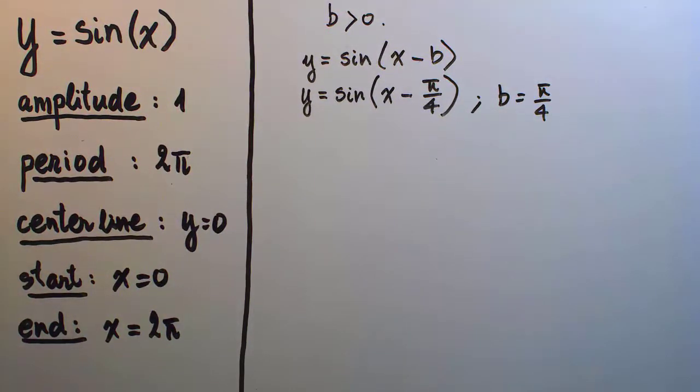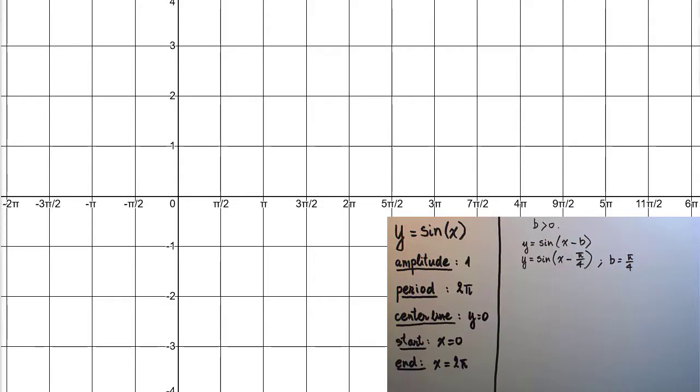Once again, on our graphing device, the original sine of x function is here. And we already know by heart now that it has amplitude 1, center line at y equals 0, and a period of 2 pi. And here it is. The graph in blue is the graph for sine of x minus pi over 4.